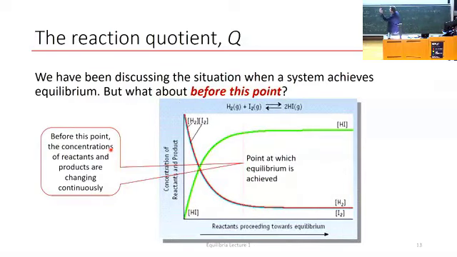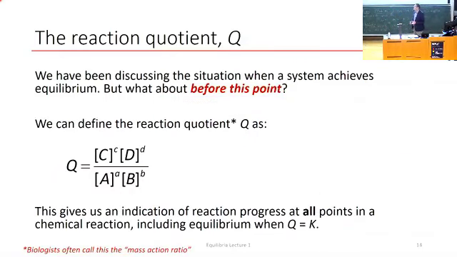So before we reach this leveling off point, we have pre-equilibrium, and obviously the concentrations of products and reactants are changing at that point, so we can't call these equilibrium concentrations. So instead we talk about the reaction quotient Q, which used to be more commonly called the mass action ratio. This is the same definition, but the only thing that's different is that the concentrations we put in here, C, D, A, and B, are not equilibrium concentrations.